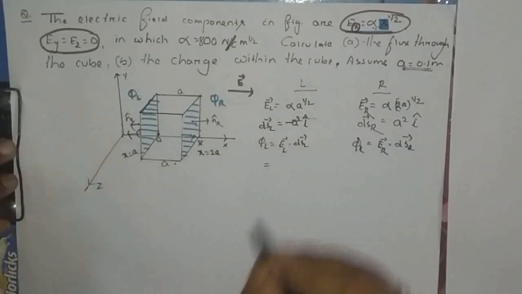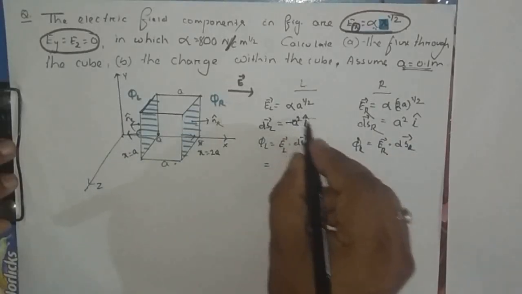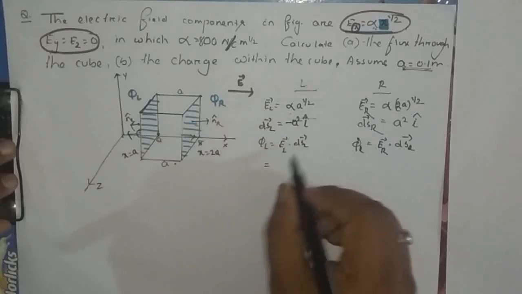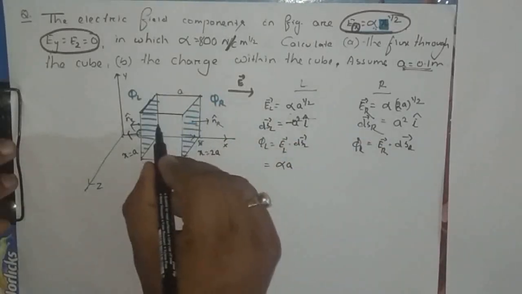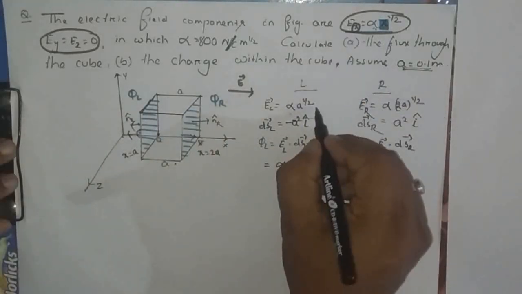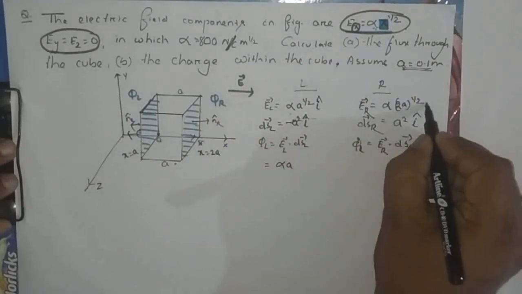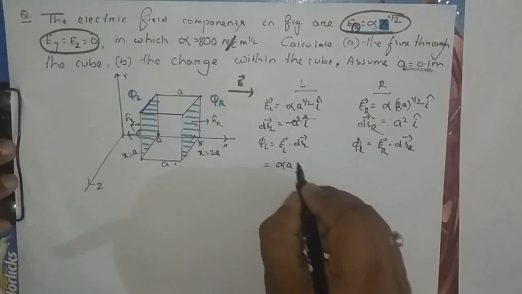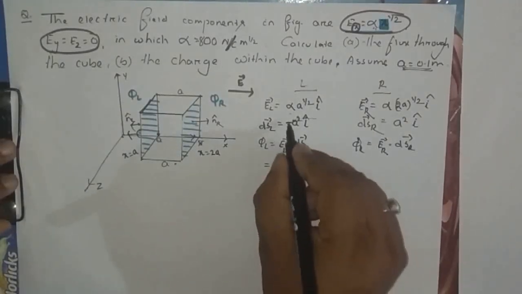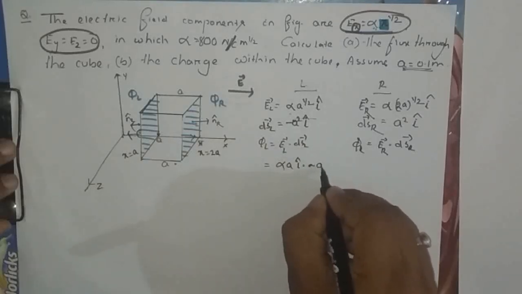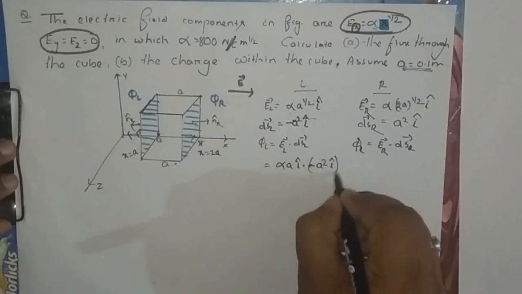Now E left hand is minus alpha a to the power 1 by 2, and obviously it is a vector, its direction is given along x-axis, so I will write i cap. This is also i cap, so I will write i cap dot DSL. DSL is minus a square i cap.